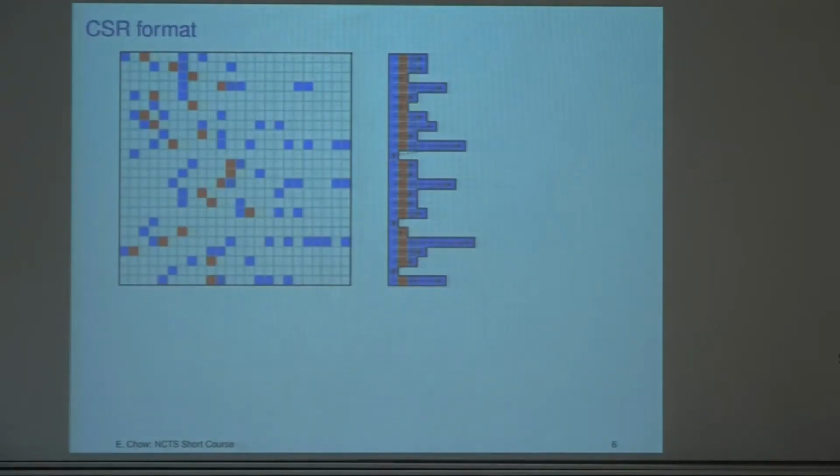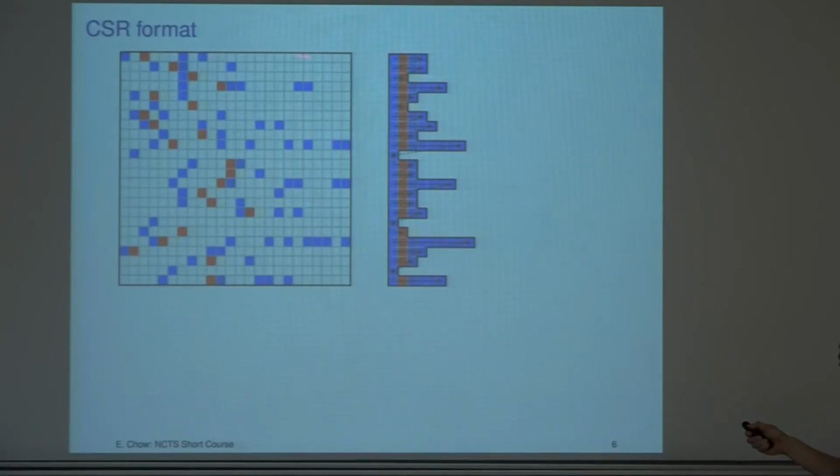Okay, so here is a picture of the CSR format. Here is a sparse matrix. You can maybe tell this matrix is not from finite differences. It's just some arbitrary sparse matrix. And this is the CSR format. Each row is stored. In the first row, there are 4 elements stored contiguously.